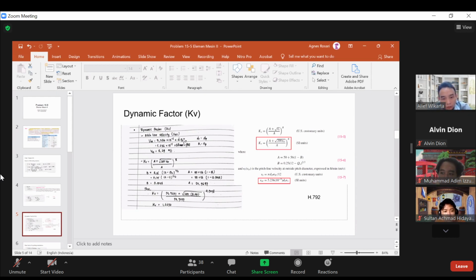The pitch line velocity, we can use equation 15.7, and then we got the velocity equals 8.29. After that, we calculate the dynamic factor here, and I got the dynamic factor equals 1.6630.